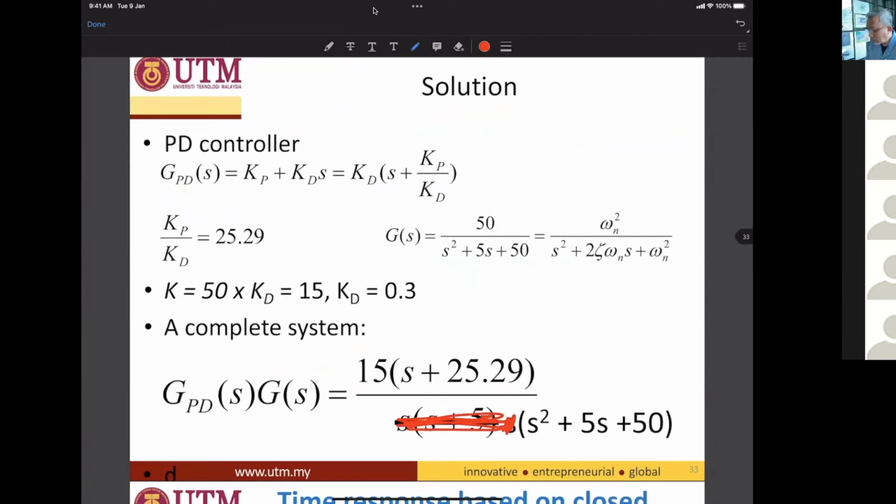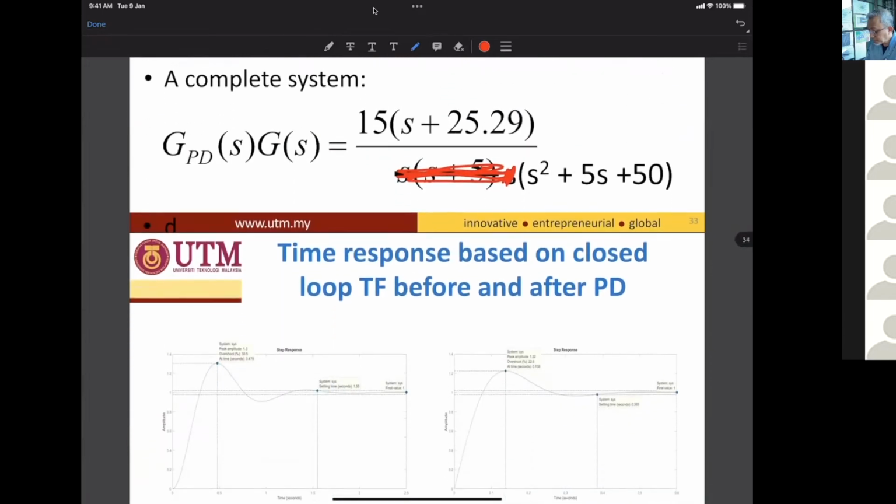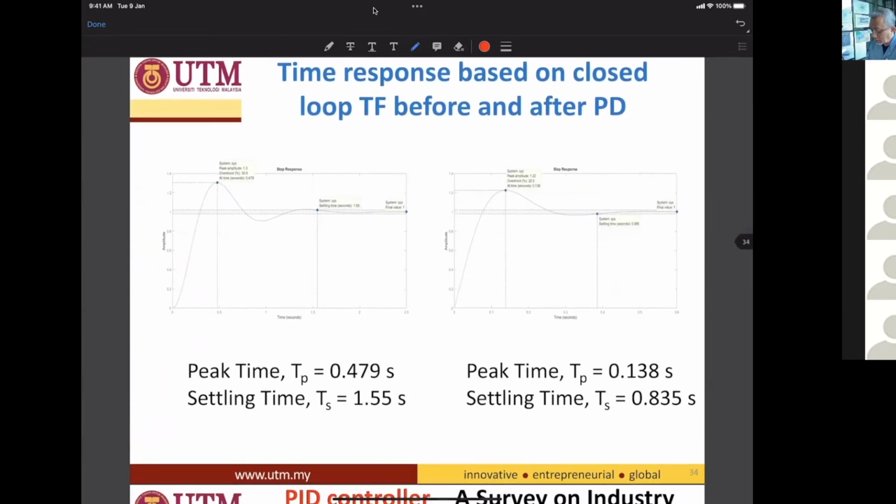Cuma 15 S plus 25.29 over S square plus 5S plus 50. And when we compare again, we reduce the settling time 4 times, okay? 0.835. Okay. As shown in the slides.